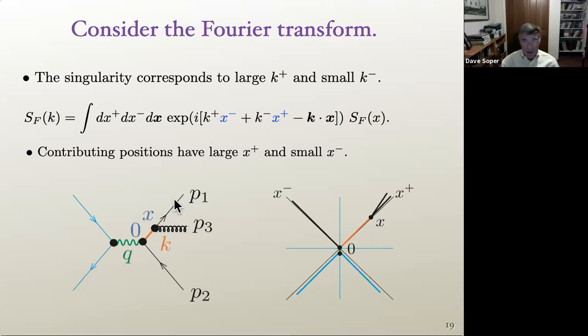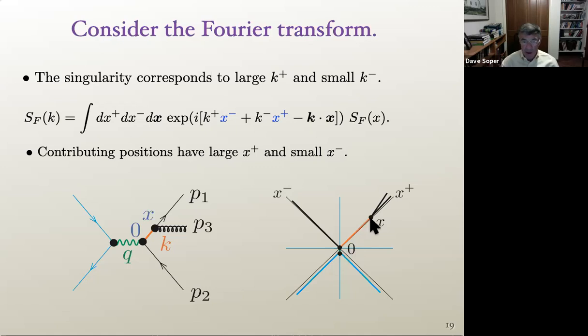So here is the space-time picture of just this diagram. I've made the electron and positron annihilate right around the origin. The virtual photon is way far off shell, so it doesn't go very far before it splits into a quark and antiquark. And then here's where the quark goes.